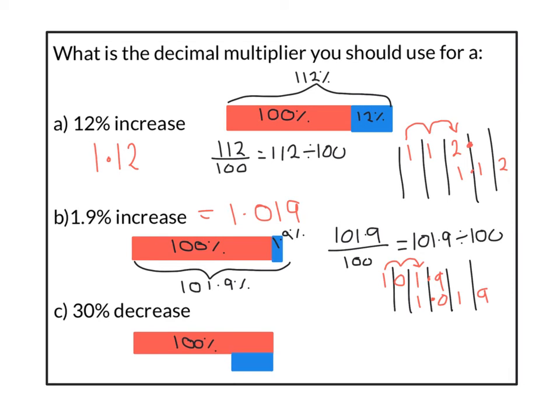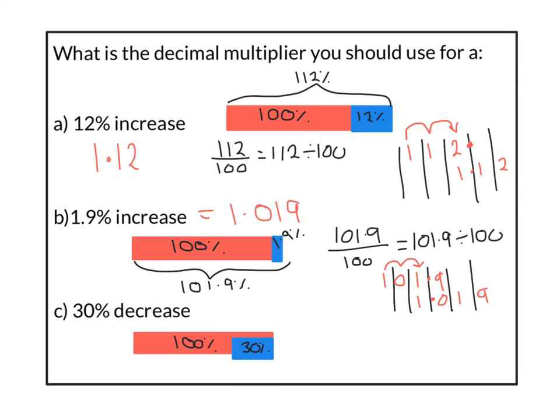So I'm taking this away. In fact, I'm going to overlap them. There we go. So there's 30%. Just overlap. So we're taking it away.